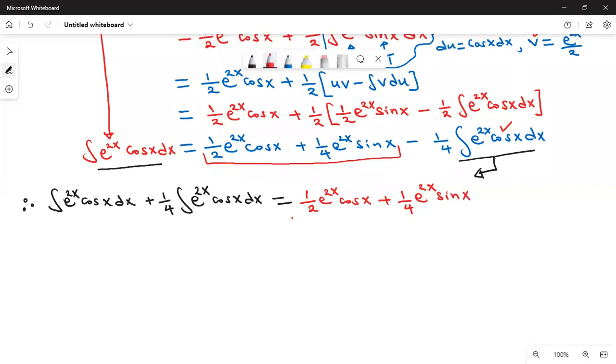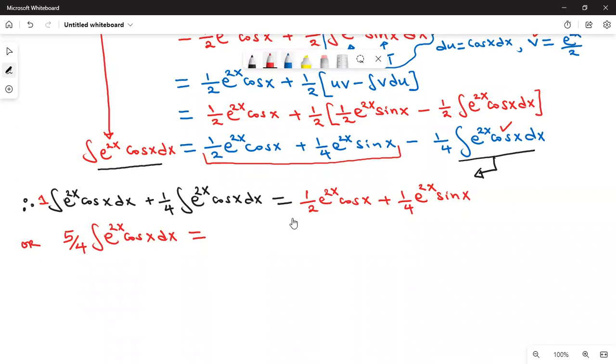So, you see here we have 1 plus 1 over 4. That is 5 over 4. So you can write here 5 over 4 times the integral of exponential 2x cosine of x dx. What will it be equal to?